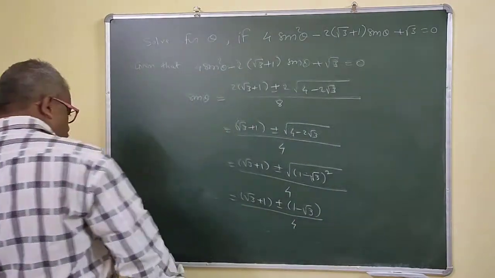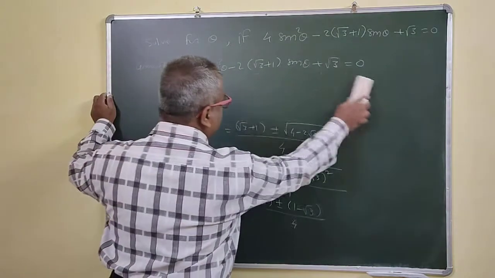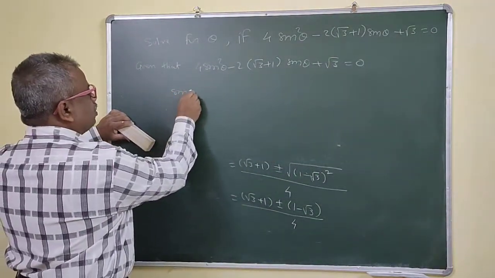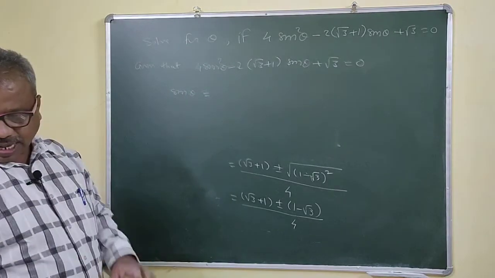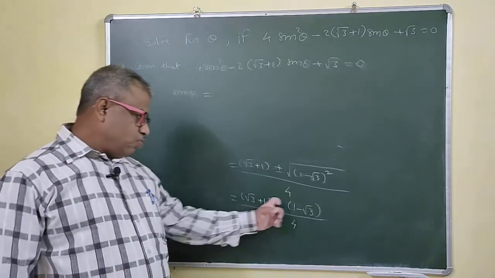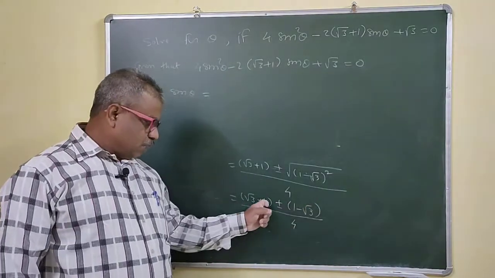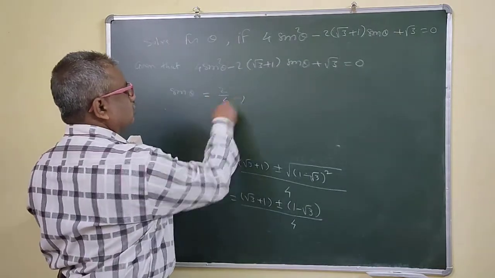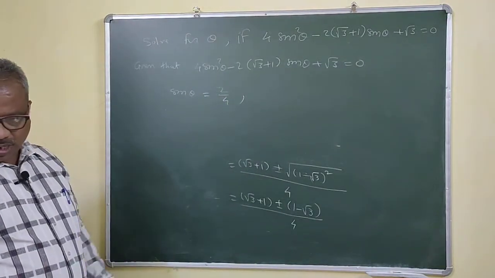Okay, so now we'll use the plus sign and then we will use the minus sign. First we will use the plus sign. If it is plus sign, then your root 3 gets cancelled, and then 1 plus 1 is 2. So 2 upon 4. Okay, comma. Then we will consider the minus sign.